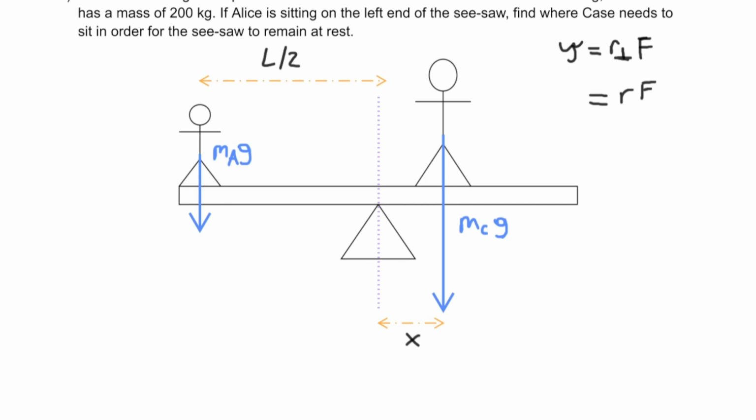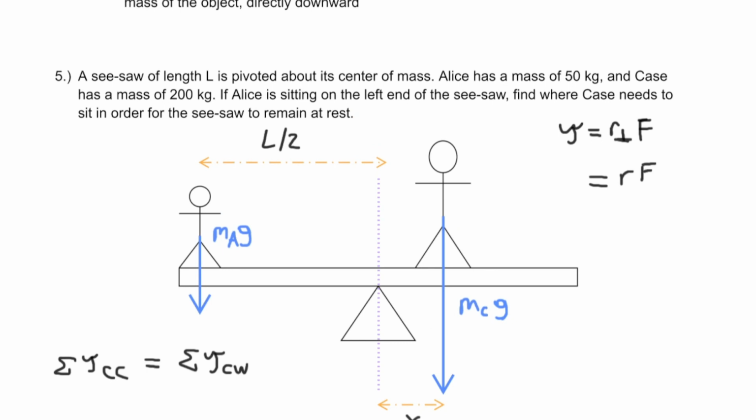So all we can do is set up some torques. We know that the amount of torque rotating the system counterclockwise has to be equal to the torque rotating it clockwise. So again, if we think about just pressing down at each of those points, Alice is trying to get the beam to rotate counterclockwise, and Case is trying to get it to rotate clockwise.